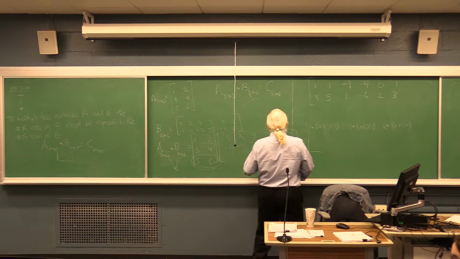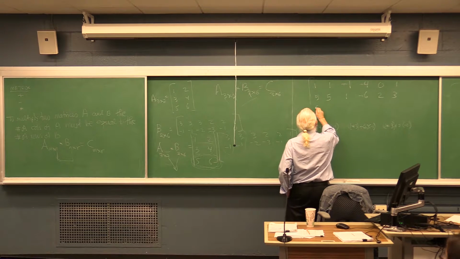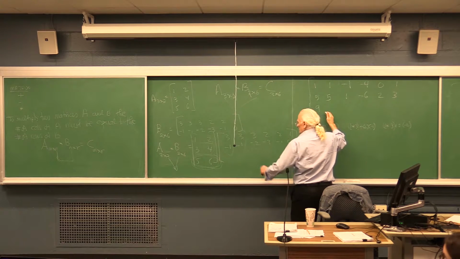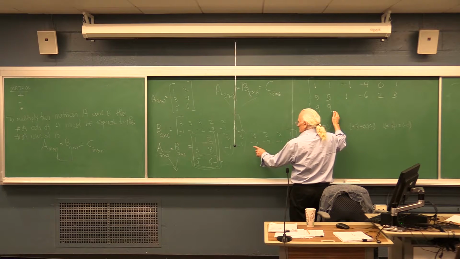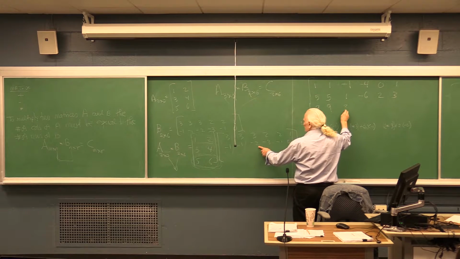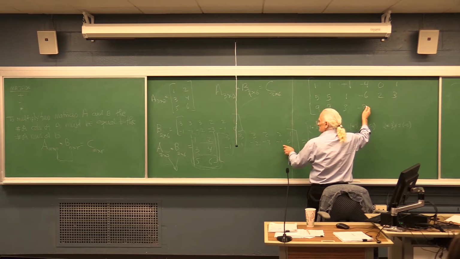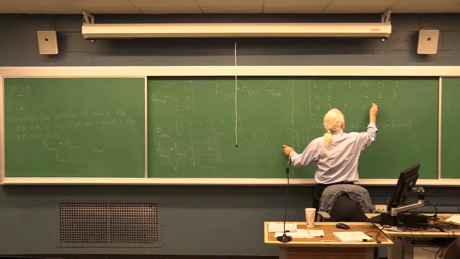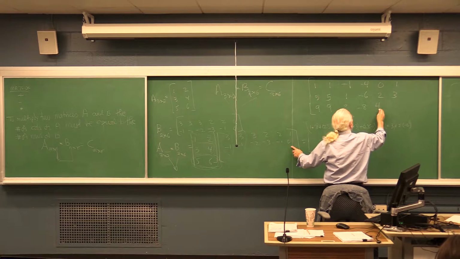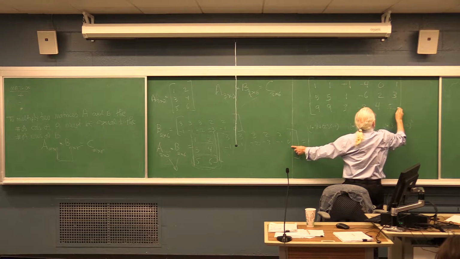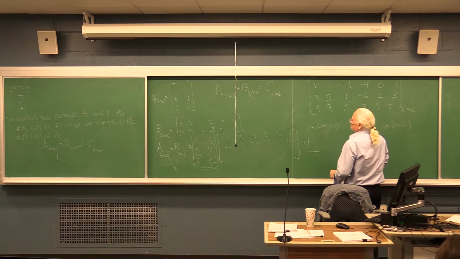So this is 15 minus 6 is 9. 15 minus 12 is 3. 10 minus 18, negative 8. 10 minus 6 is 4, and 5. Okay, this is the 3 by 6.